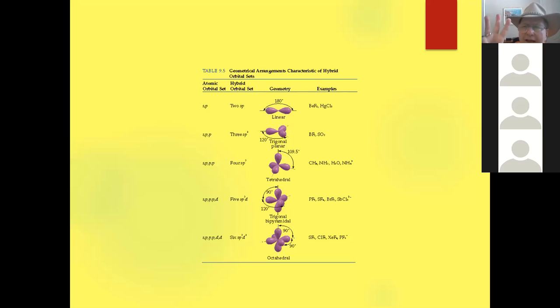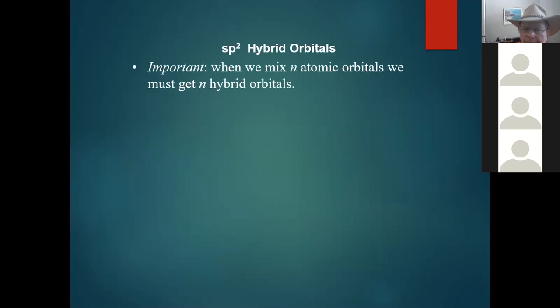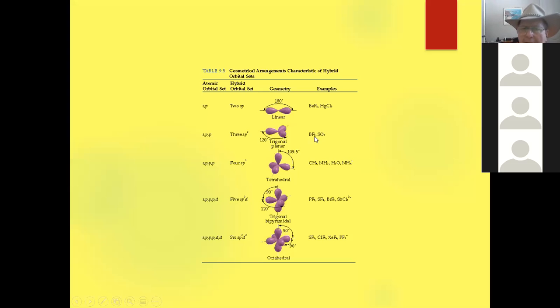If I need 3 electron clouds around the center atom, then the orbitals of the center atom have to be hybridized so that I use 1 s and 2 p's to make 3 sp2 orbitals and 1 free p orbital.